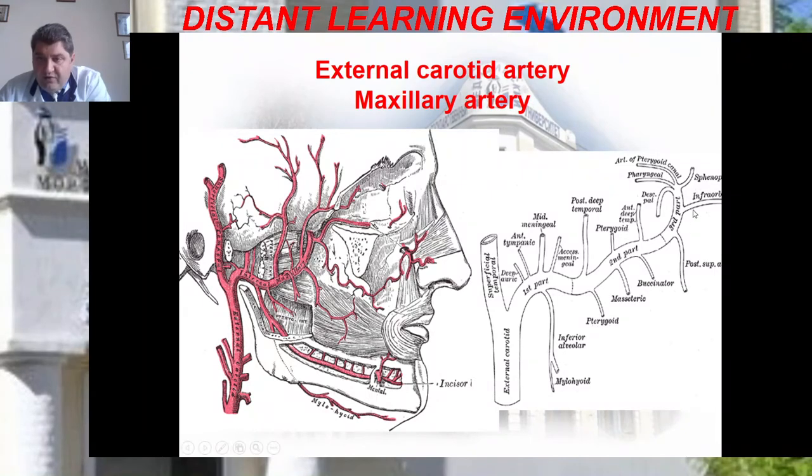The third part of the maxillary artery is situated in the pterygopalatine fossa of the skull, and you may see the branches of the third part. First you may see the infraorbital branch, which passes through the inferior orbital fissure and onto the infraorbital sulcus.